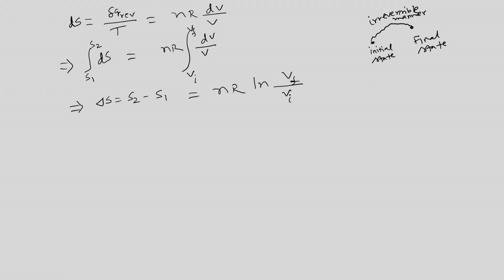But since S is a state function, which depends on the value at the initial state and the final state, basically what we are doing here is devising another path which is taking place reversibly, and we are calculating entropy change there. So this is how we can calculate entropy change.